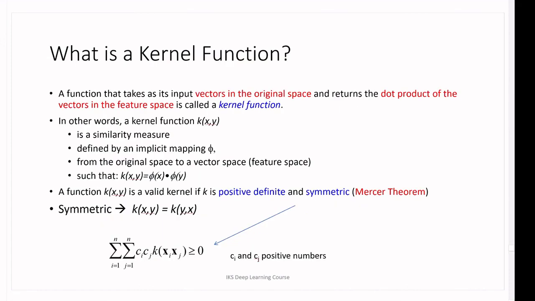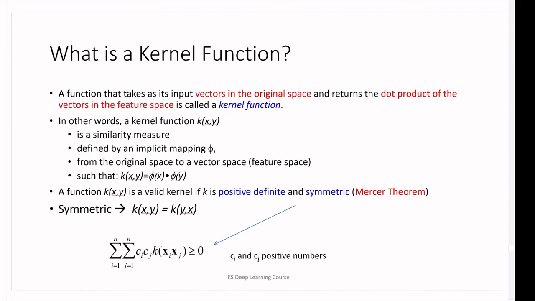So you might say, all right, how do we define a kernel function, or how do we find such functions? So here are some definitions. A function that takes as its input vectors in the original space and returns the dot product of the vectors in the feature space is called a kernel function. And since we are measuring the dot product, you can say that a kernel function is a measure of similarity.